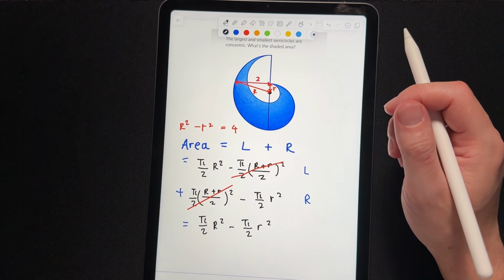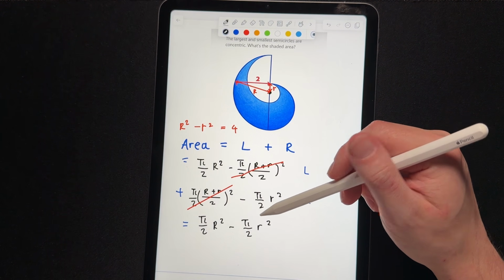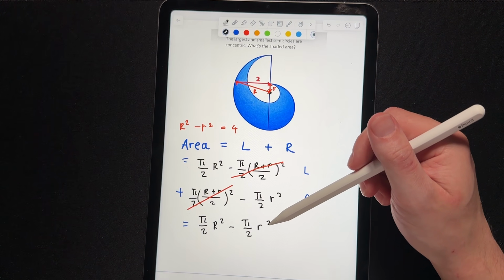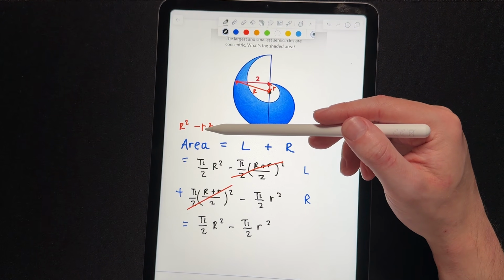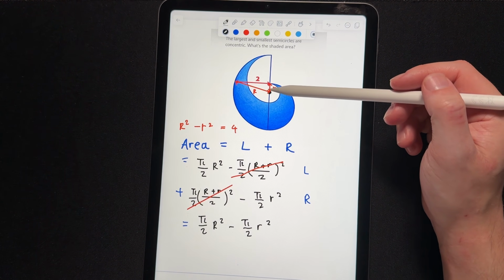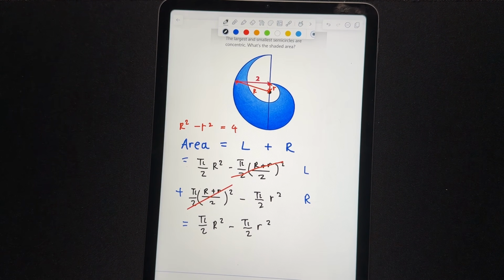Now how can we work out what this is though? We don't have numbers for capital R and little r. Or do we? If you remember back up here, we said that capital R squared minus little r squared was equal to 4 using this triangle. Can we implement that somehow here? Yes. We have a common factor of pi over 2.